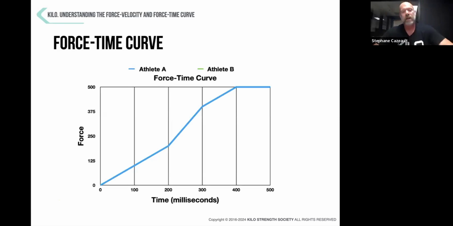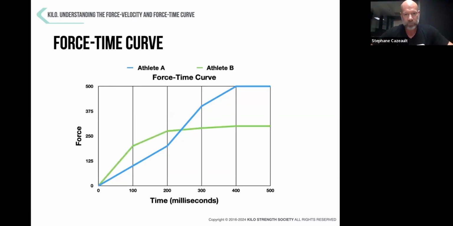Let's say athlete A can squat 500 pounds. If we look at the curve here, I said earlier that 300 milliseconds is the minimum threshold to express maximal strength, and as you keep going, it can increase a little bit. So it takes him a lot of time. It takes him 400 milliseconds to reach his peak weight of 500 pounds. Now let's look at athlete B. Athlete B can only squat 300 pounds.